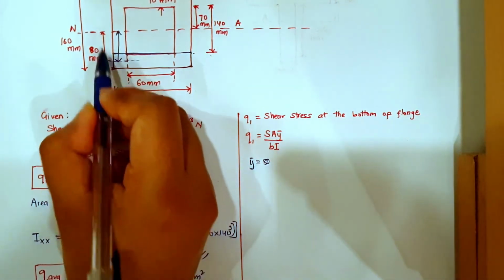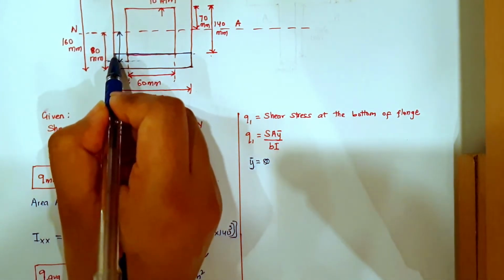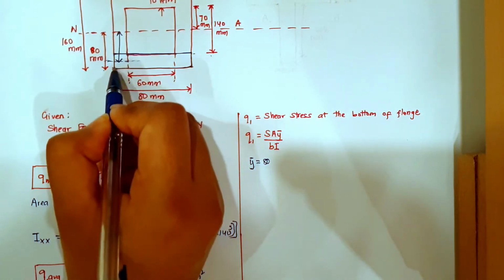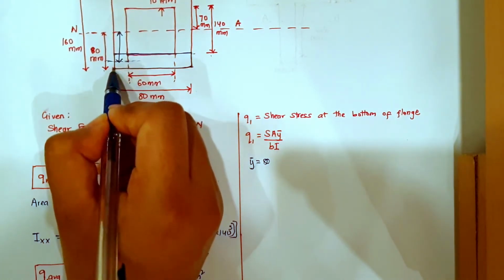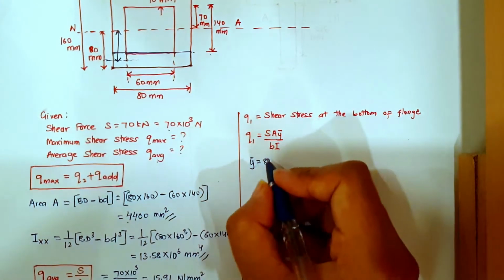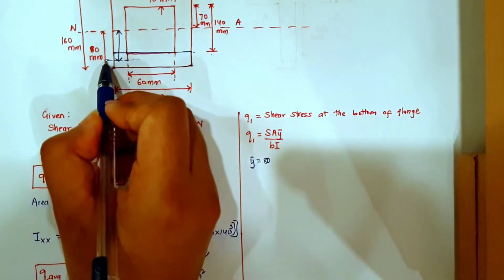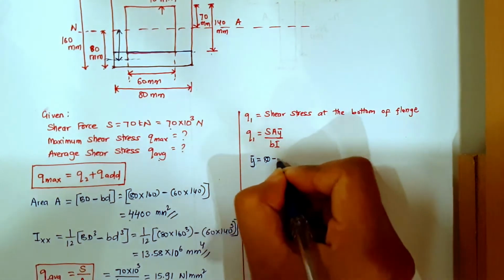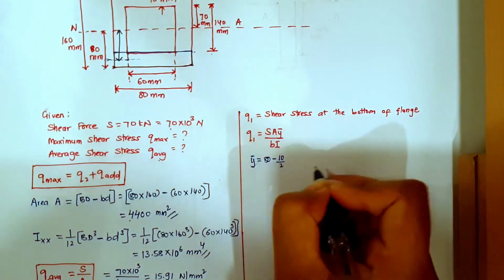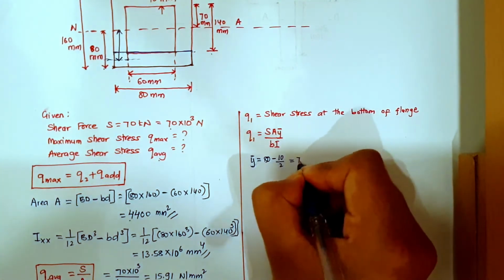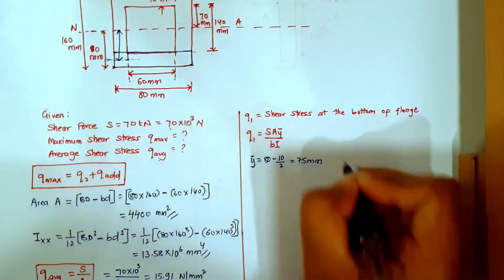Now the total is 80 and from here I have to subtract this much. The thickness of this web is 10 mm, so acting on half of 10 mm, minus 10 divided by 2. So from here you get 75 mm.